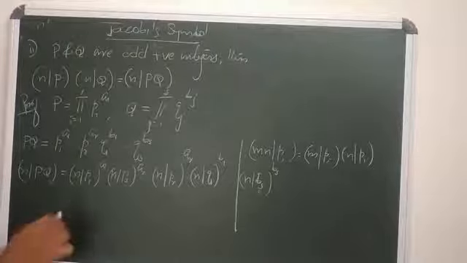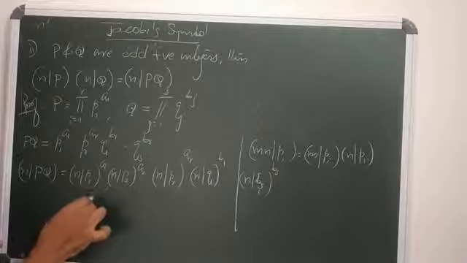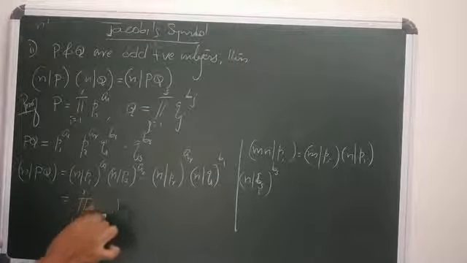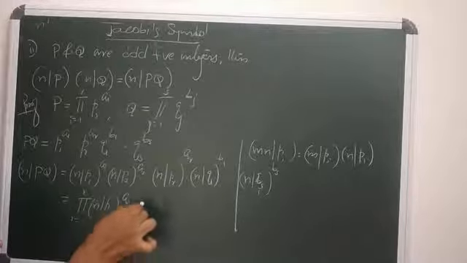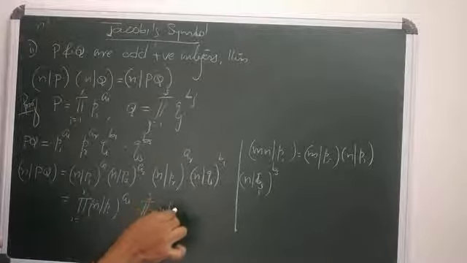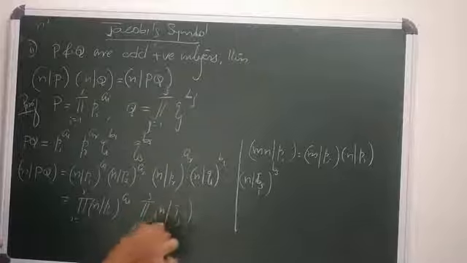Agreed? So what is this one actually? This is the product, i ranges from 1 to r, of (n/p_i) to the power a_i into the product, j ranges from 1 to s, of (n/q_j) all to the power b_j.